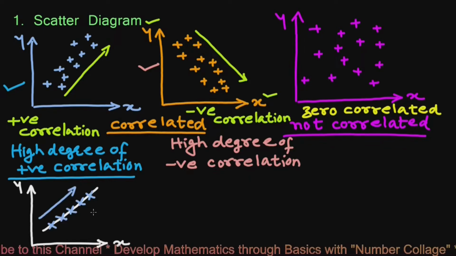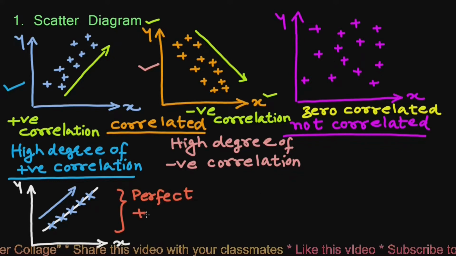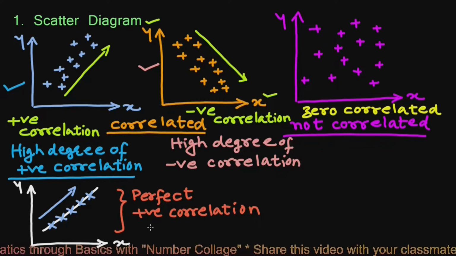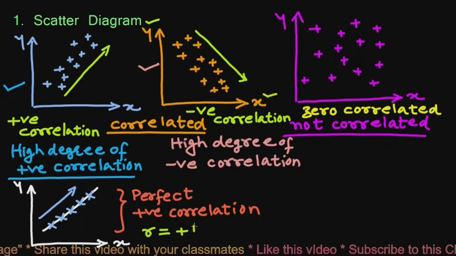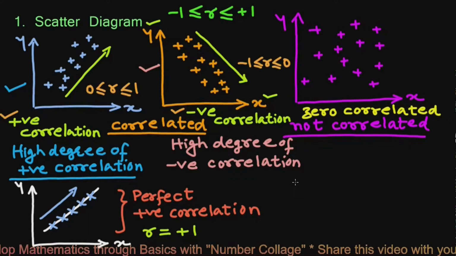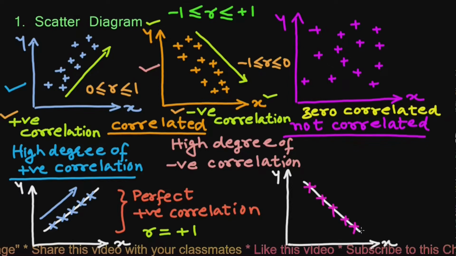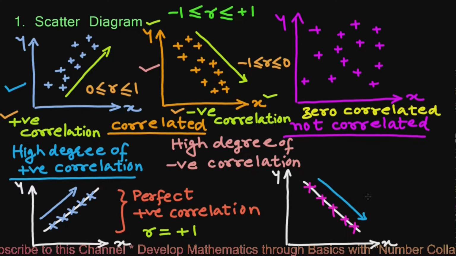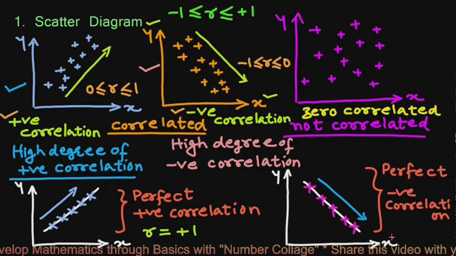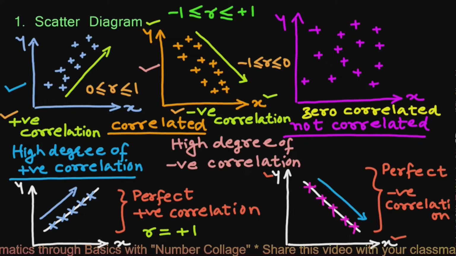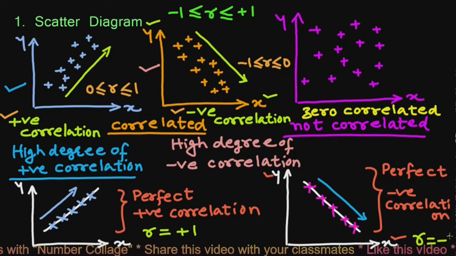If in a scatter diagram the points lie along a straight line from left bottom to the right top like this, then this is known as perfect positive correlation, and the value of coefficient of correlation denoted by R is +1. On the other hand, if the points lie along a straight line falling from the left hand top to the right hand bottom, we say that there is perfect negative correlation between x and y, and the value of R in this case will be -1.